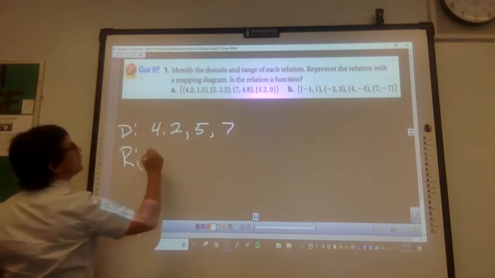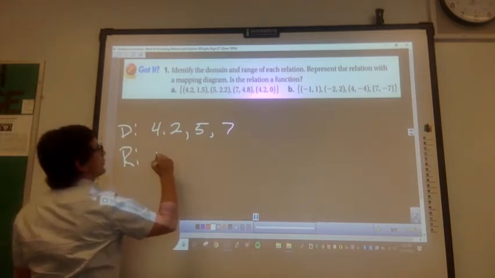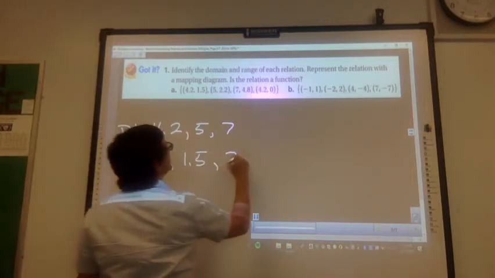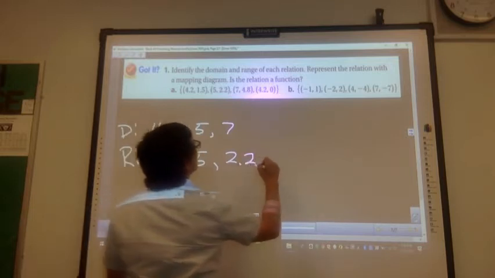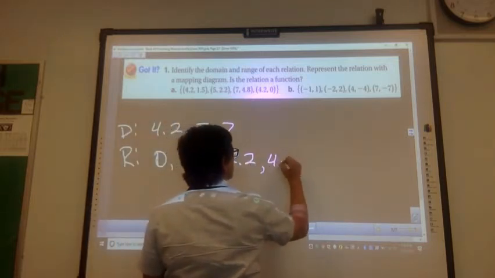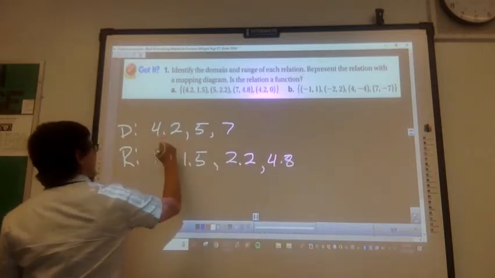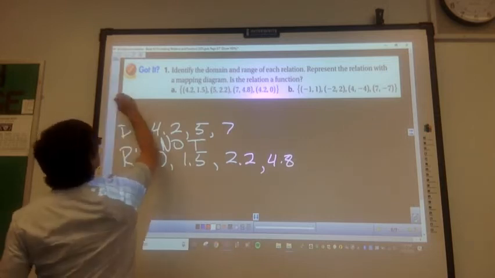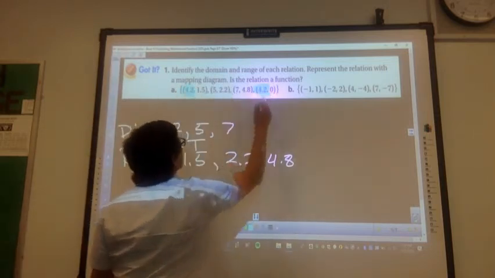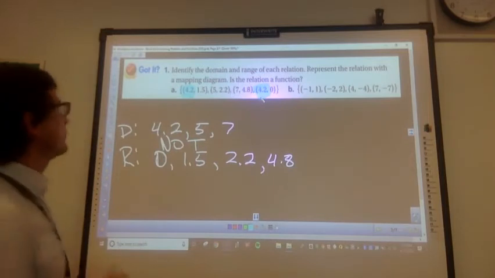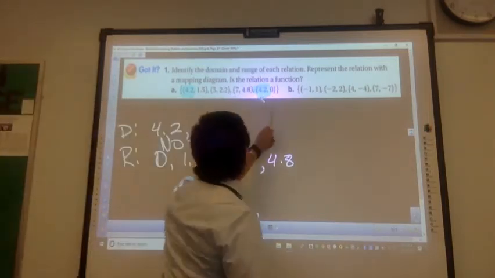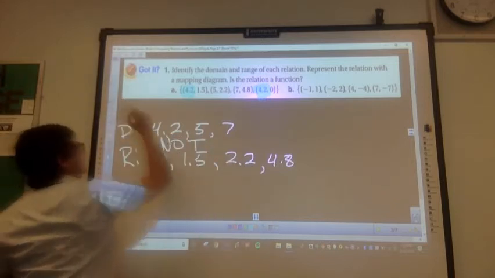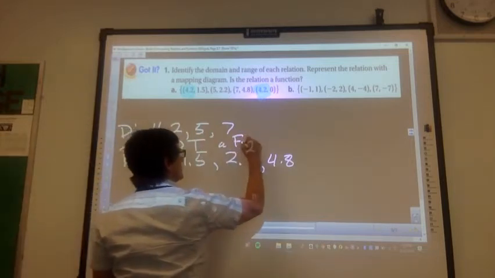Range would in this case be 0 first, then 1.5, then 2.2, then 4.8. So this one is not a function because the x values repeat. 4.2 goes with both 1.5 and 0, so not a function.